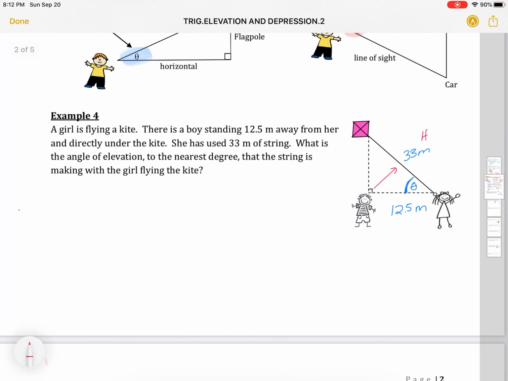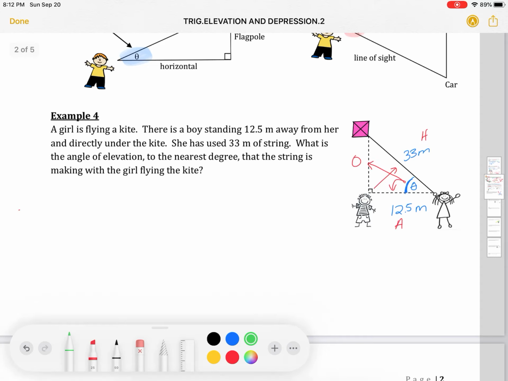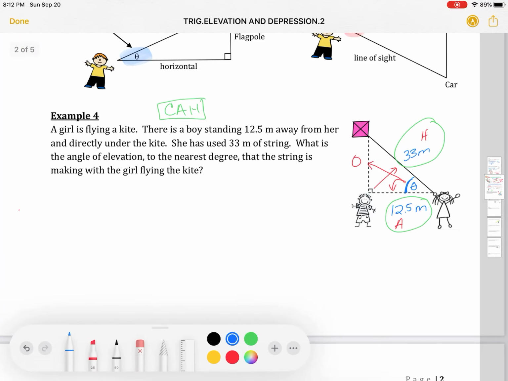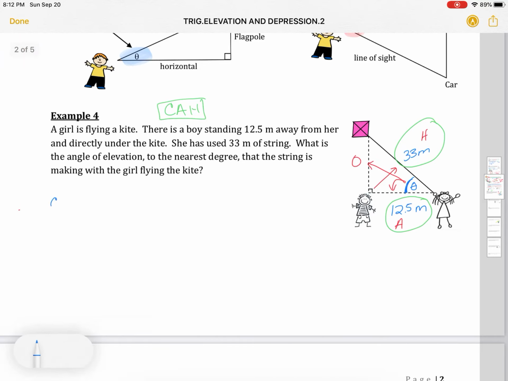Okay, so once we figure out where everything is, then we're just going to do our work in terms of labeling. So we know that this is our hypotenuse. This is our side right next door, so it's adjacent, and this would be the opposite. We circle what we know. We know our hypotenuse, and we know our adjacent. So we're using adjacent and hypotenuse. So we're using CAH, right?